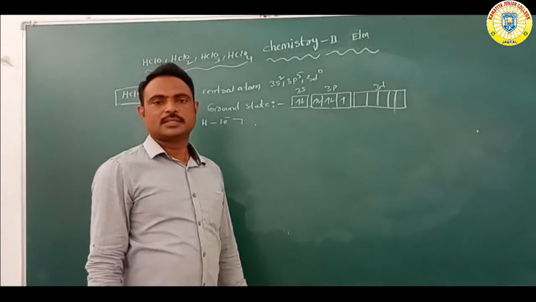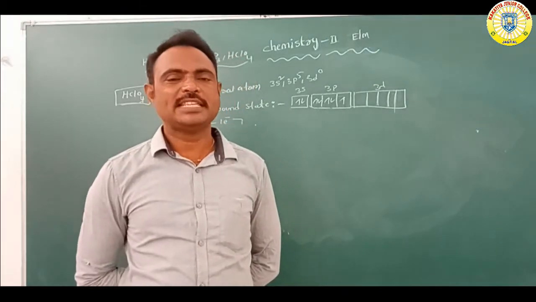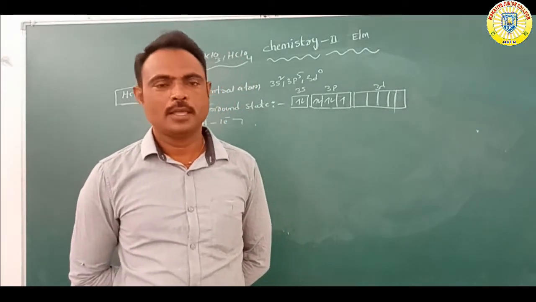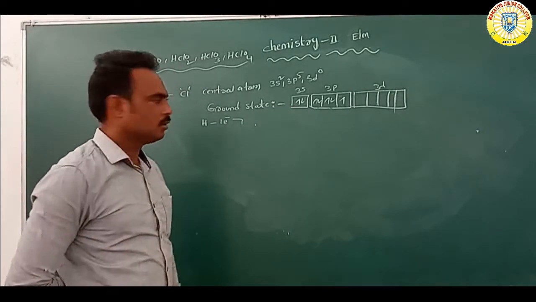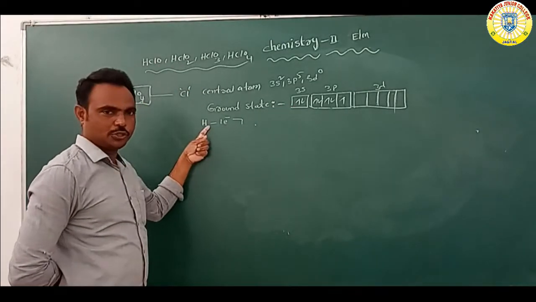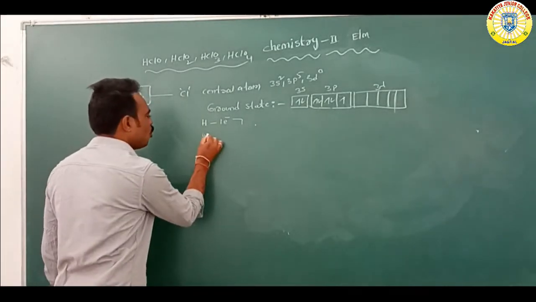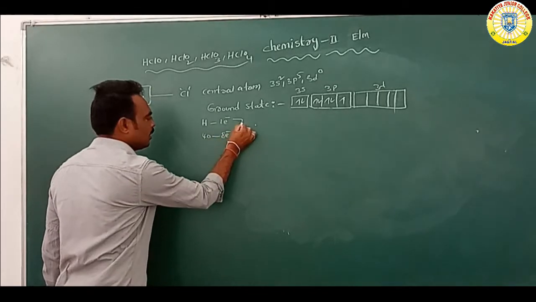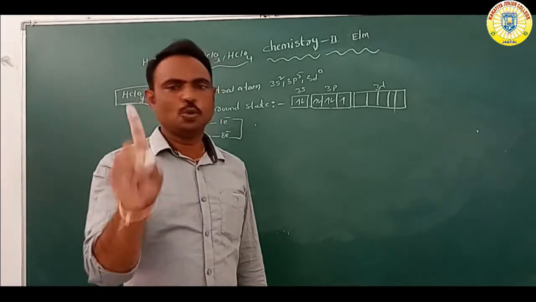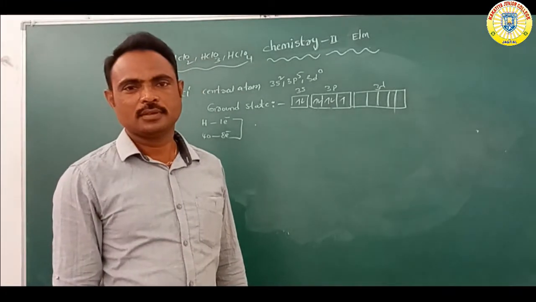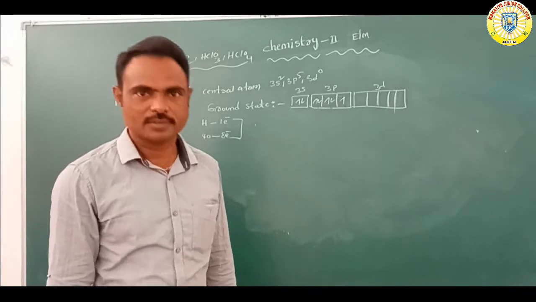So as for perchloric acid, the central atom is chlorine. We already know its ground state electron configuration. Overall it contains one hydrogen, that is one single electron, and 4 oxygen atoms contain 8 single electrons, each with 2 single electrons.